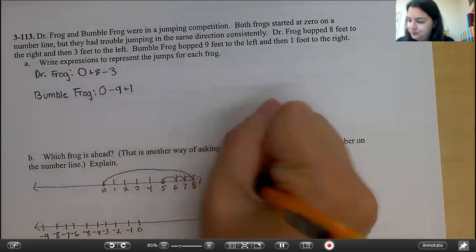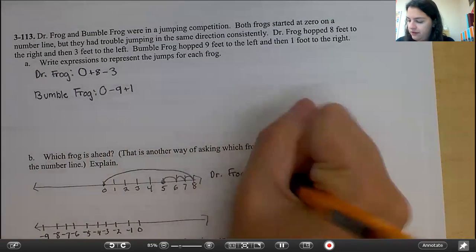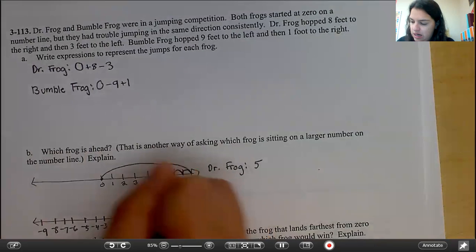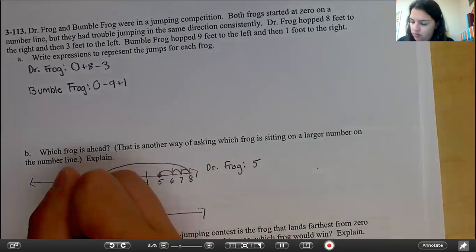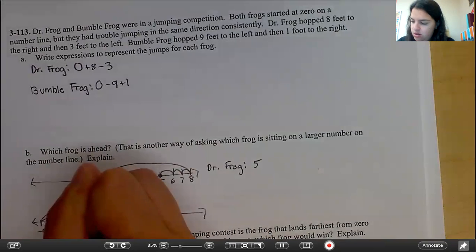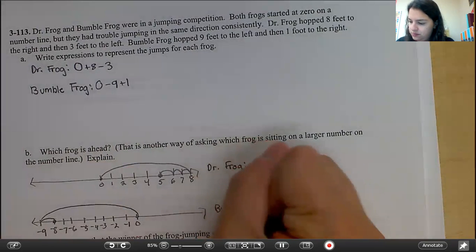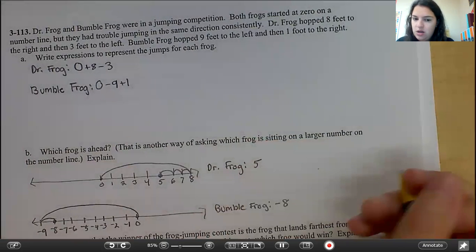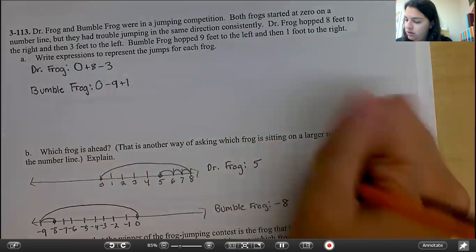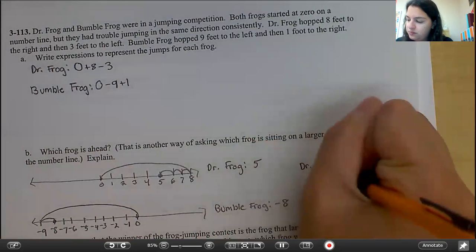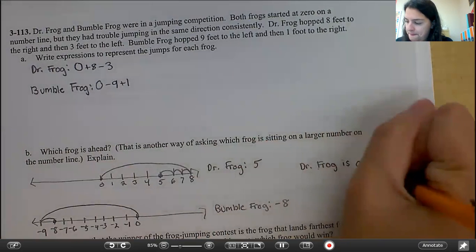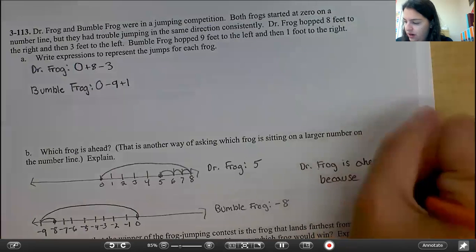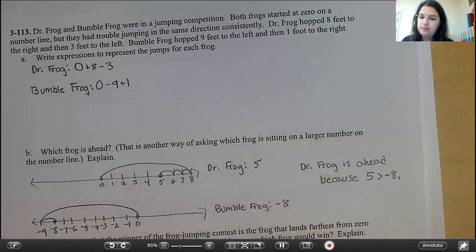Dr. Frog would end at 5. Bumblefrog started at 0, went 9 to the left, and then went 1 to the right. So Bumblefrog ended at -8. So hopefully you had Dr. Frog is ahead because 5 is greater than negative 8.